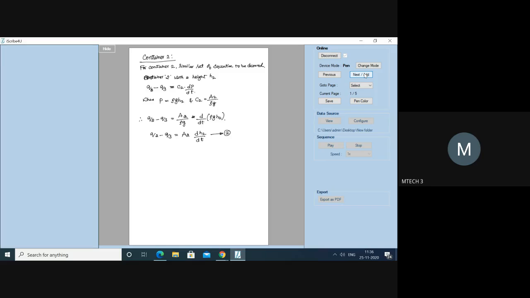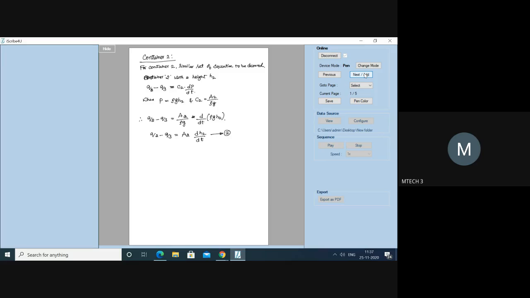Below that you write: the rate at which liquid leaves the second container, Q3, equals the rate at which it leaves the valve.